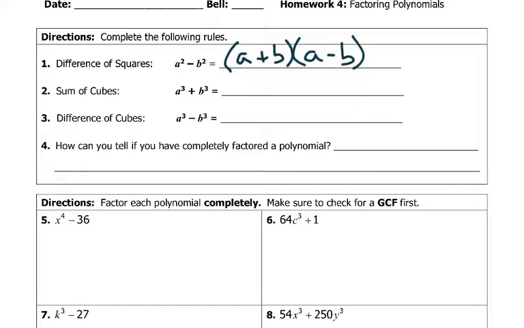Sum of cubes. Just remember in the formula we got to find A. Once we find A, we can plug it in to this: A plus B times A squared minus AB plus B squared. And that's just given to us. We just need to find A and plug it back into that.